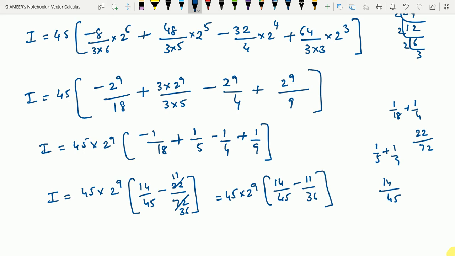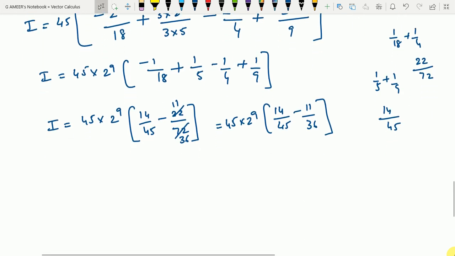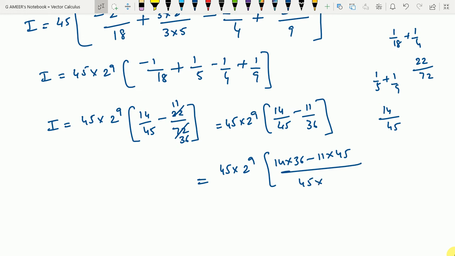So now we need to simplify further here. 45 into 2 power 9. So 14 into 36 minus 11 into 45 divided by 45 into 36. So 45 45 cancel. Now 36 is remaining.